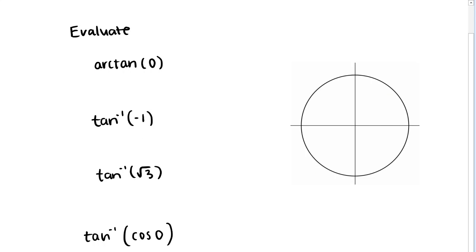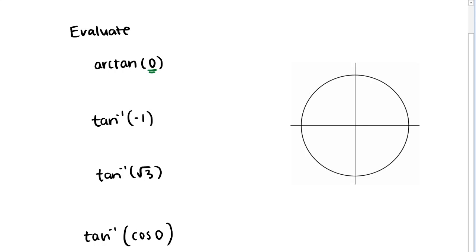So let's evaluate our inverse tangent function at a few different values just to get a little more familiar with this function. So arctangent of 0, this is identical to inverse tangent of 0. So arctangent of 0 is saying that we have an angle with a slope of 0. What is this angle? But we're specifically looking for angles between negative pi over 2 and pi over 2.